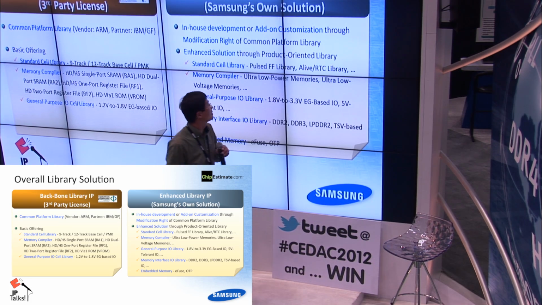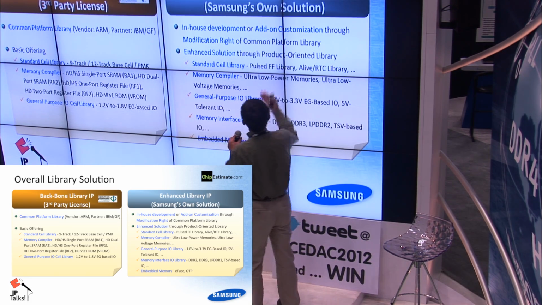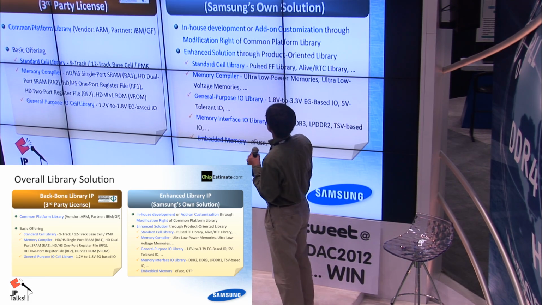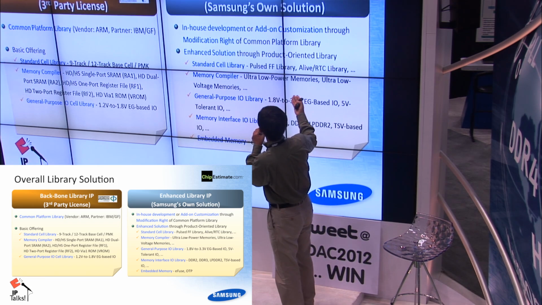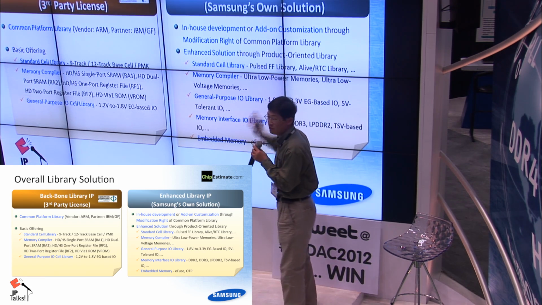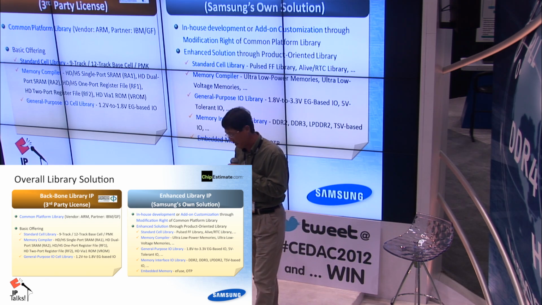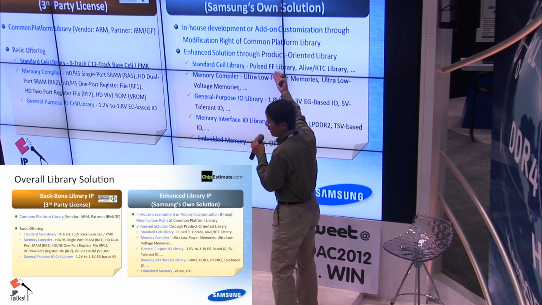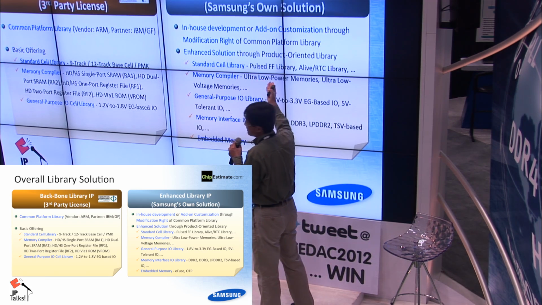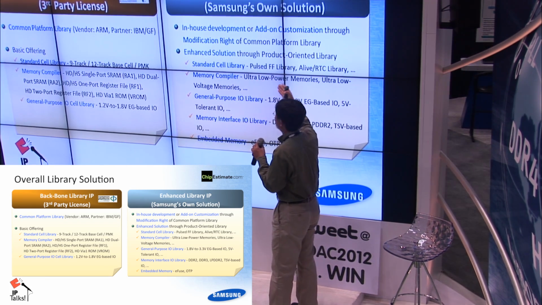On top of this, we provide enhanced library sets, including pulse-based flip-flops to make it faster. Normally, this kind of pulse-based flip-flop we use for ARM core hardening. So these are additional specific IPs for specific applications.